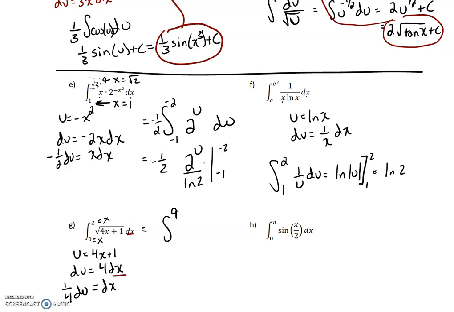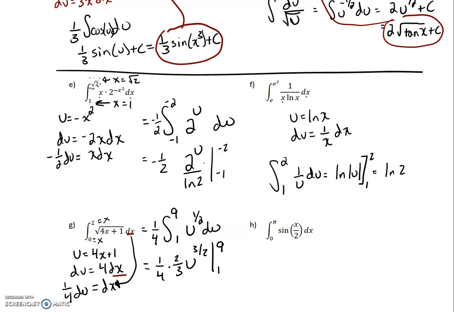So this is going to be 9. This is going to be 1. I'm going to write this as u to the 1/2 power. My 1/4 du is going to replace the dx. So that's going to be a 1/4. That's going to be a du. This is going to be 1/4 u to the 3/2 times 2/3. We're going to be evaluating that at 1 and at 9.